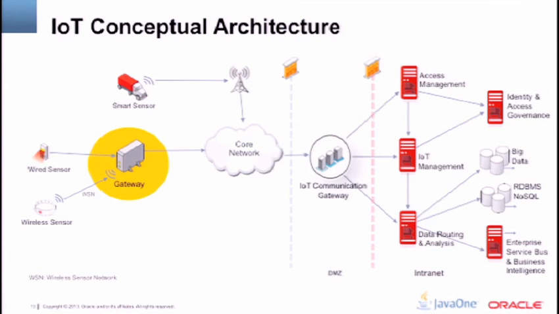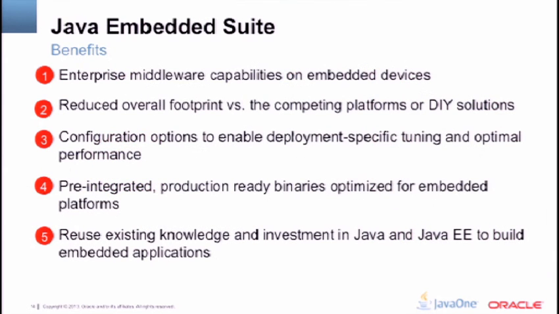So moving forward, Java Embedded Suite, which is a product from our Java Embedded portfolio, is targeted towards gateways. What it does is provide enterprise middleware capabilities on embedded devices. Basically, you can use your enterprise knowledge of writing servlets, creating web applications, and creating REST web services to write applications on a gateway.